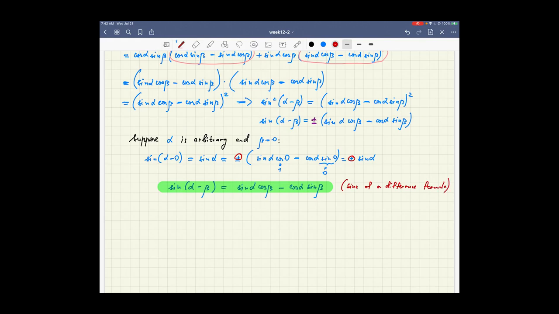Now, to get the sine of a sum formula, we simply write a sum as a difference. Sine of alpha plus beta can be written as sine of alpha minus negative beta. And applying the just derived formula gives us sine alpha cosine of negative beta minus cosine alpha sine of negative beta.